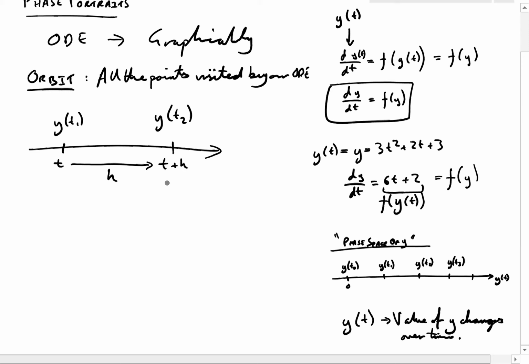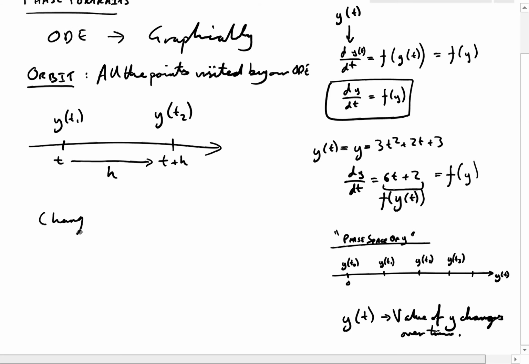All right, then what we've got is the change in y, let me just write this out actually, change in y with respect to the change in time. So notice that the change in time is just moving from t1 to t2.